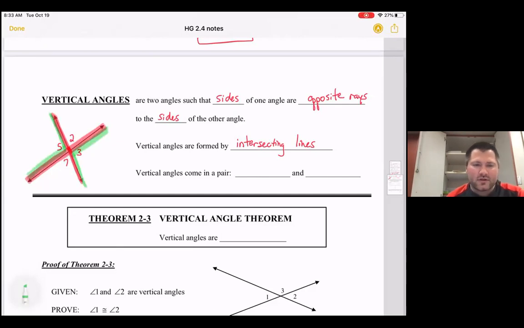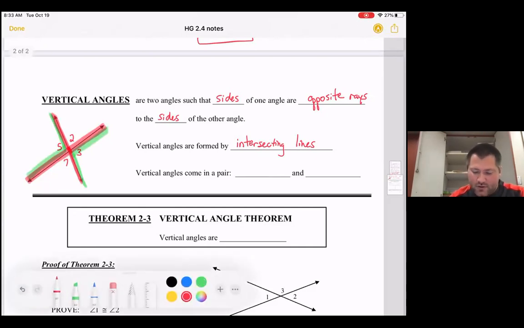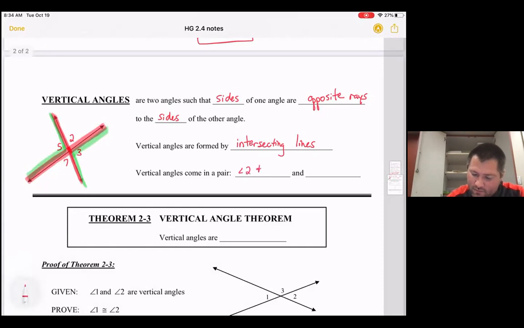So those green angles that are angle 3 and angle 5, those are vertical angles. And the red angles, which would be angle 2 and angle 7 in this picture, those are also vertical angles. So when 2 lines cross, there's actually 2 pairs of vertical angles. Like in this picture, 3 and 5, 2 and 7.